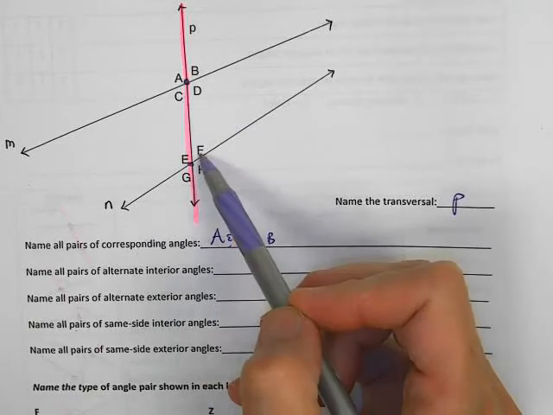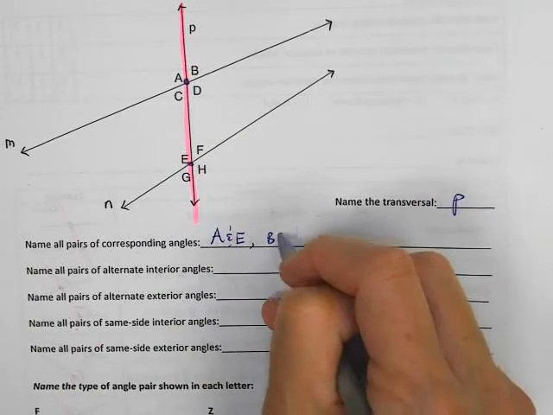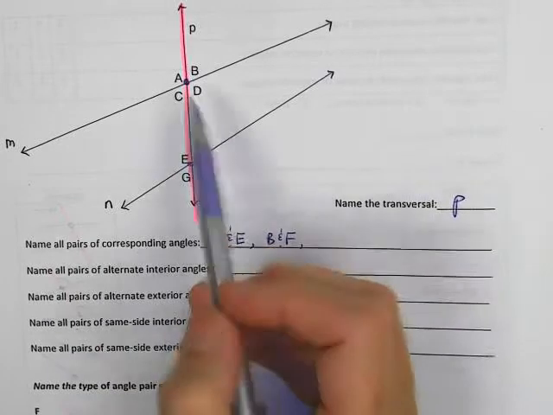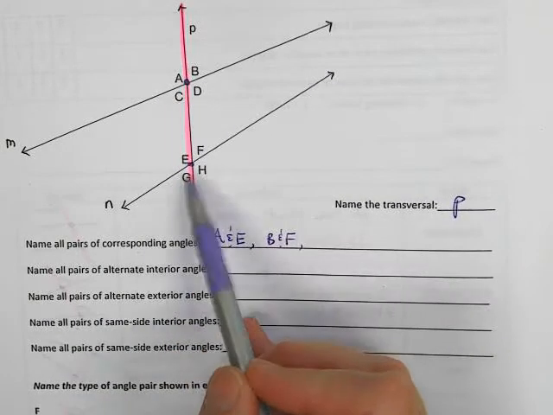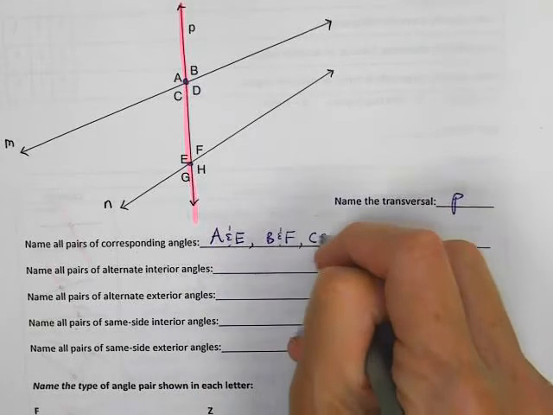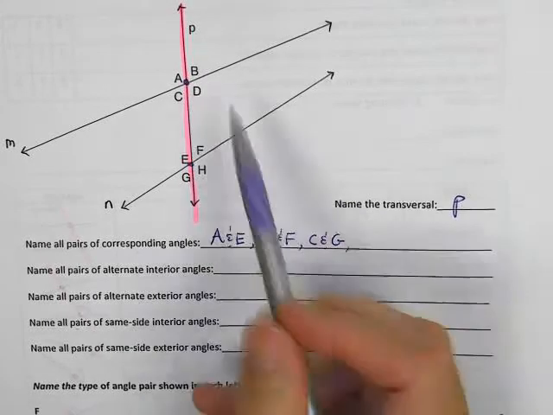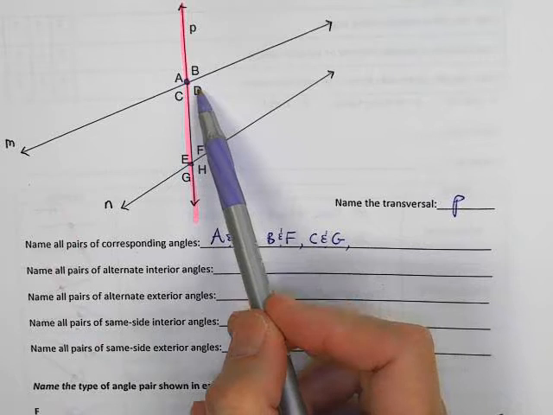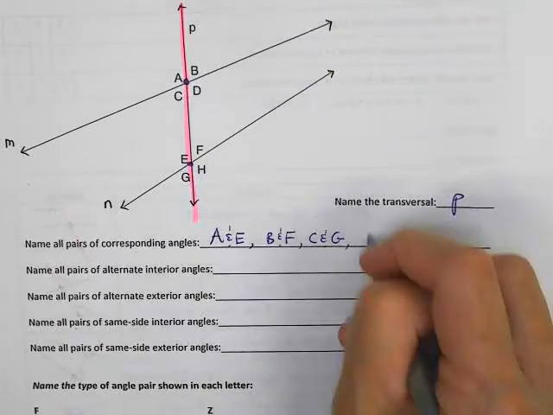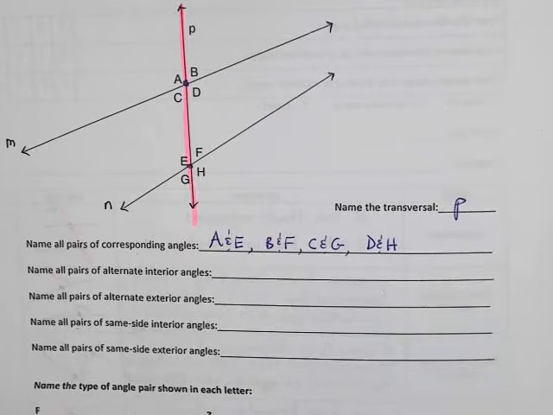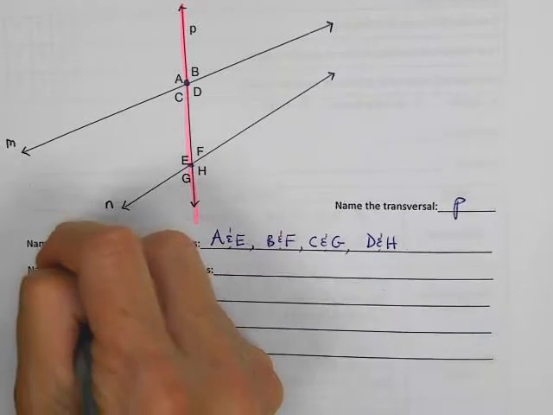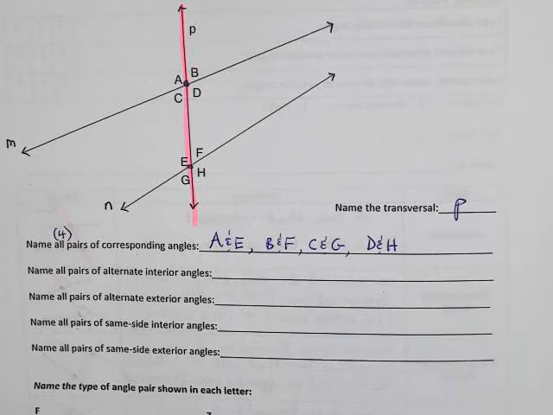So the top right one in its corresponding position is F. C up here is the lower left angle, so down here the lower left angle is G. And finally, the lower right angle goes with the lower right angle, that would be D and H. Those are all corresponding pairs of angles, so we actually had 4 of them on those set of lines.